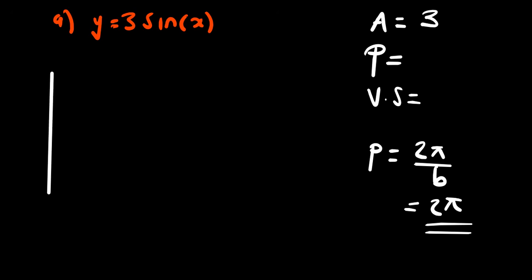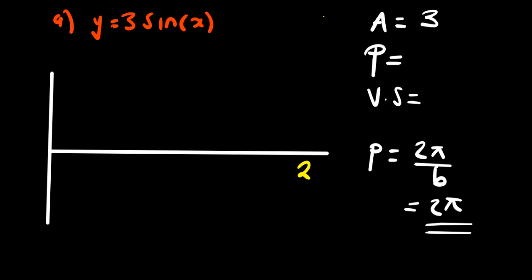Let's say this is our y-axis and this is our graph. How do we solve this one? The period ends at 2 pi. Half of 2 pi is just pi.